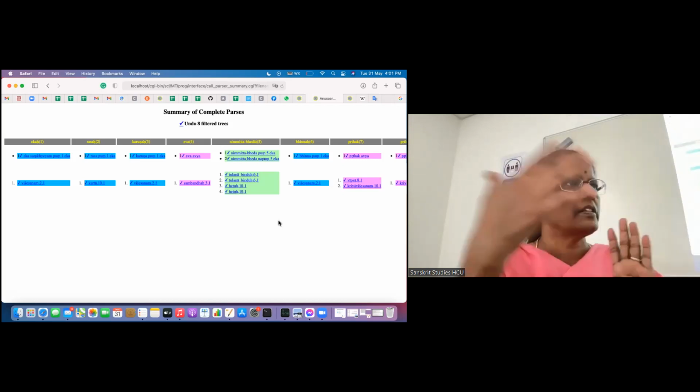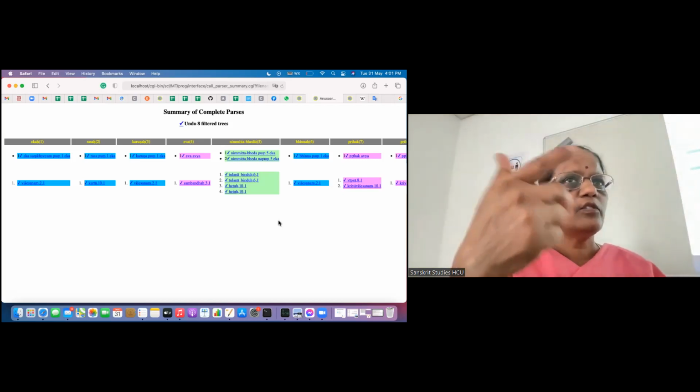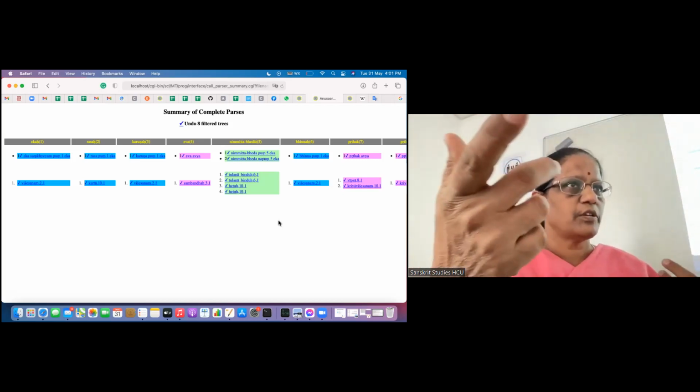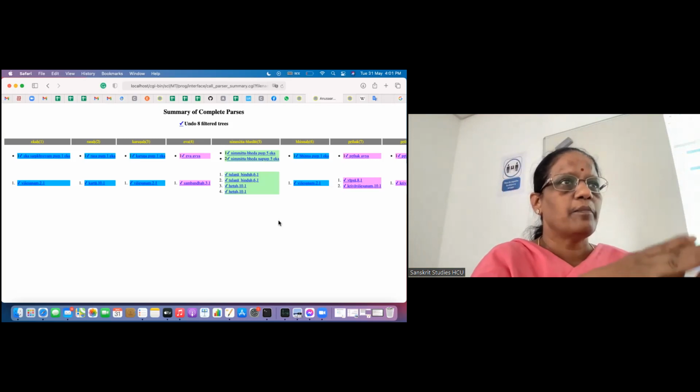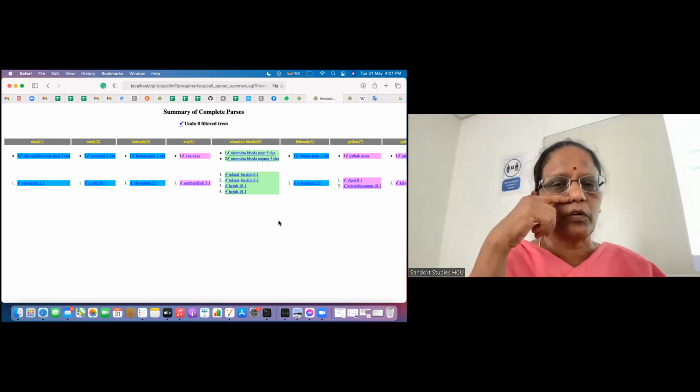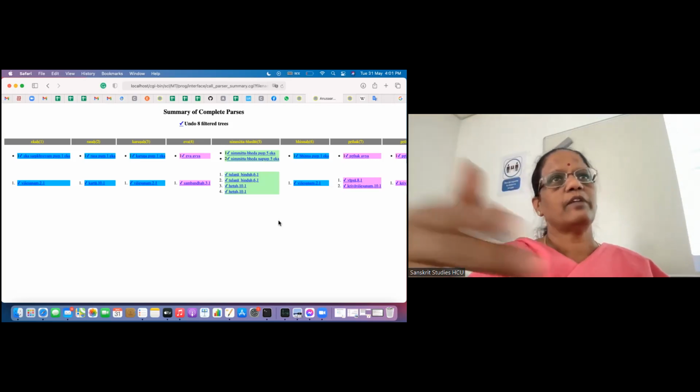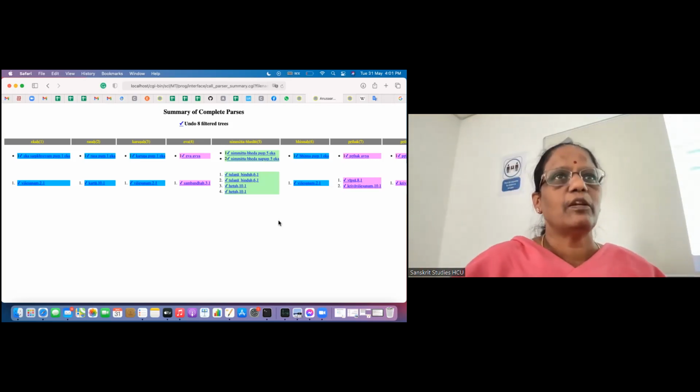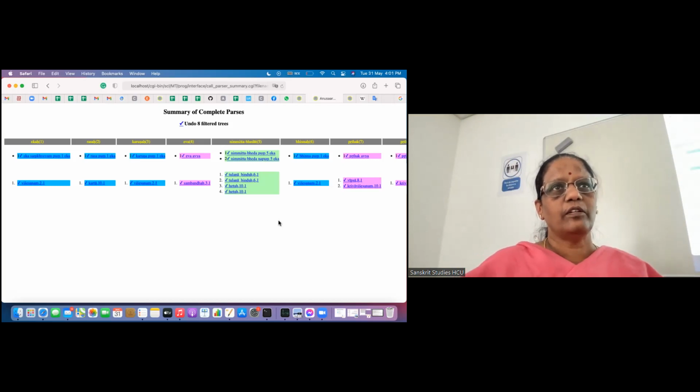The machine will do the analysis and present it to them, and then the researchers can improve upon it. So maybe in another year or so, this facility will be available to you. You will be given a workspace where you can upload your text and the machine will automatically analyze it completely, and then you can go on improving upon it further.